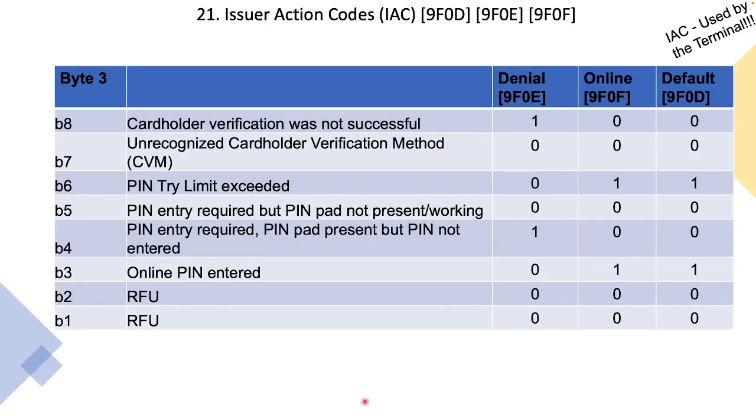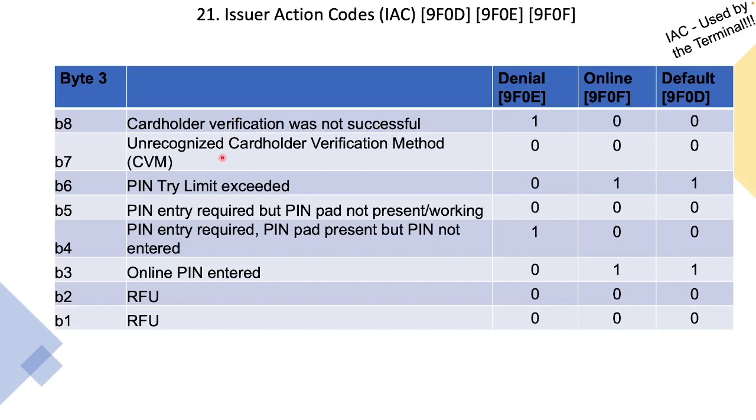Okay, so let's look at byte 3. I'm not going to talk through any more of how 100 or 010 or 0011 works. You guys know it for now. Just to discuss what the line items mean. So cardholder verification was not successful. So you've put in an incorrect online PIN, or the next one, unrecognized cardholder verification method.